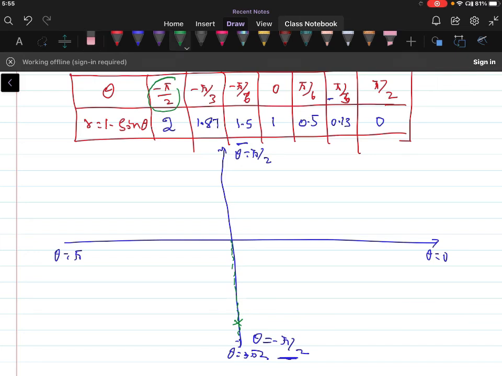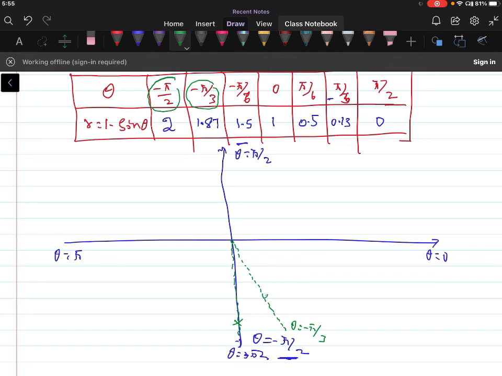When theta is equal to minus pi by 3, the r value will be 1.87, so that is minus 60 degree. So this is theta equal to minus pi by 3, and the r value will be 1.87.